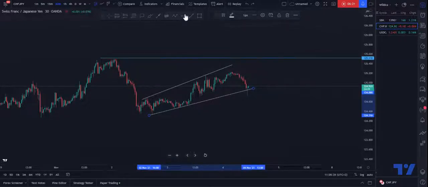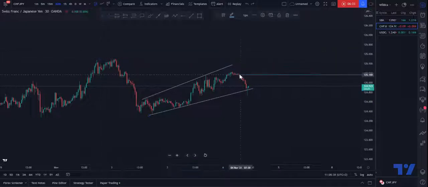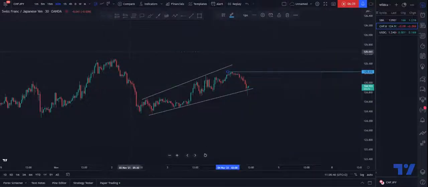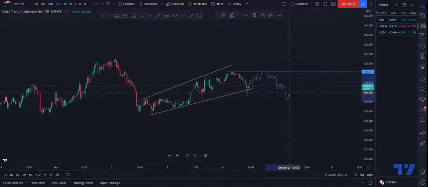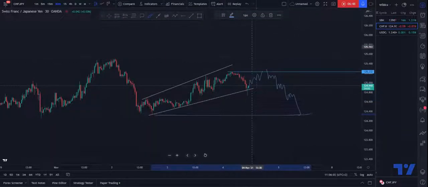So there's a second scenario. Price might actually not break and not go to these areas. It might push to the upside, give us something like this, and then we'll drop, give us a pattern, and then drop to the lows, which will be these lows.